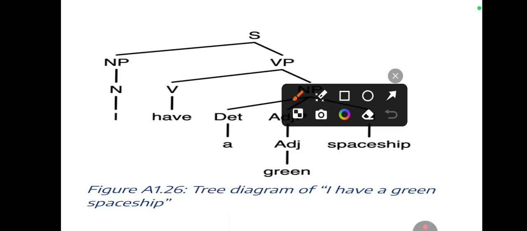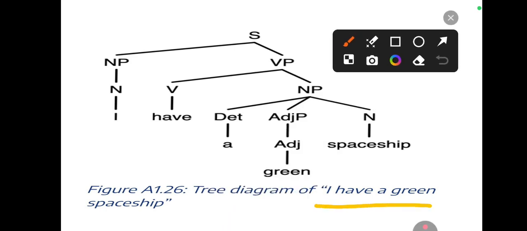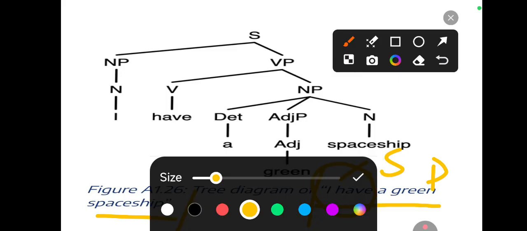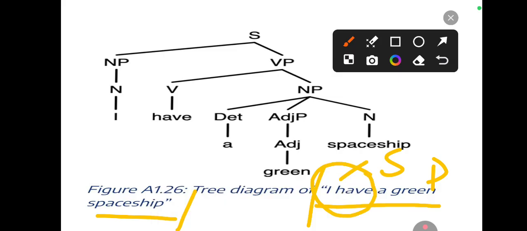I have a green spaceship. This is a complete sentence, right? So first of all, we will divide this sentence this way, meaning we have to find out the subject and the rest of the part is predicate. Now we will divide the subject, because this is subject, right?